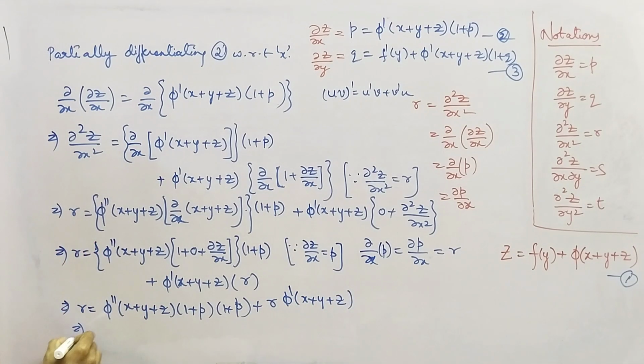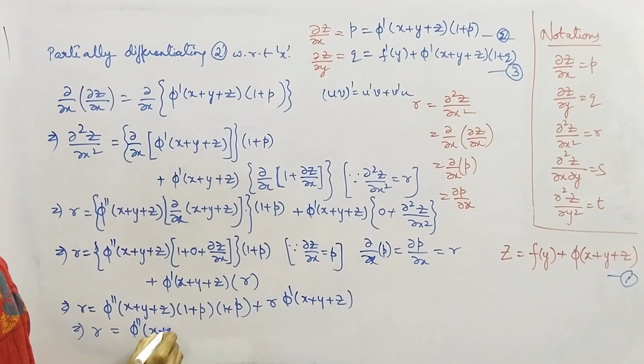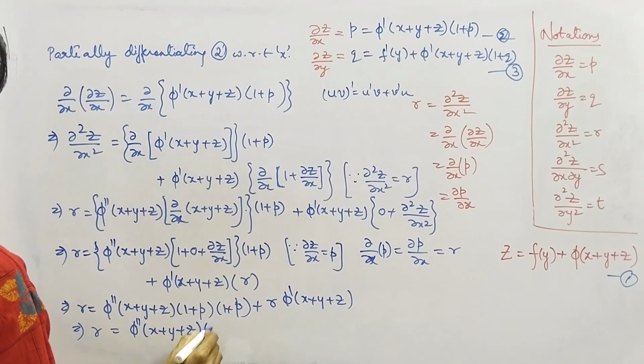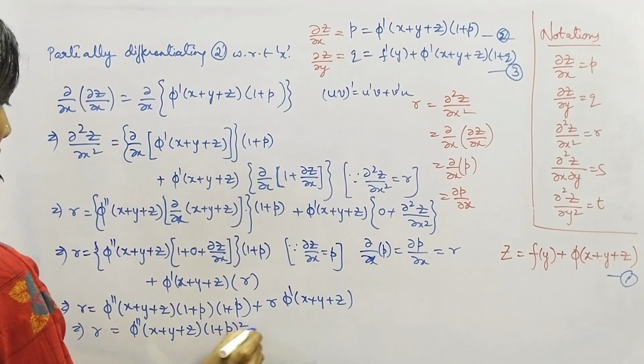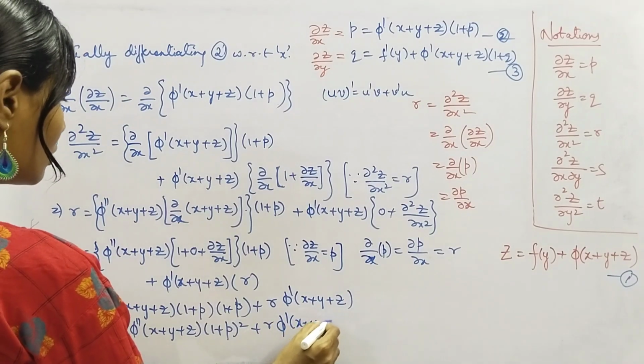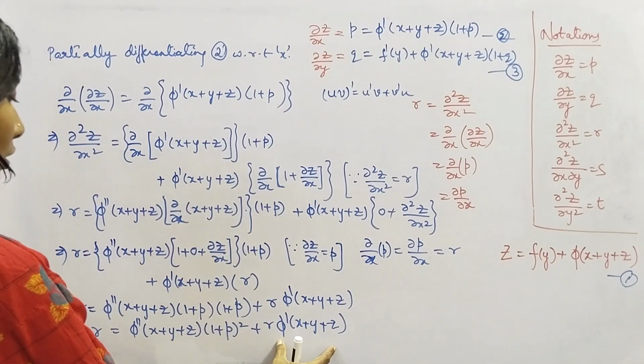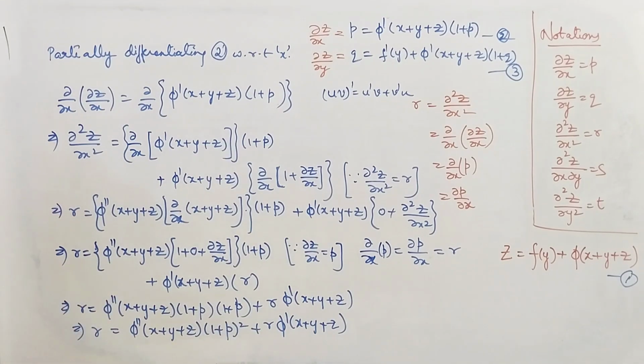Okay, now you can write this as r equal to phi double dash of x plus y plus z into 1 plus p whole square plus r times phi dash of x plus y plus z. You can consider it as equation number 4, or bring this term to LHS and take r common from it.